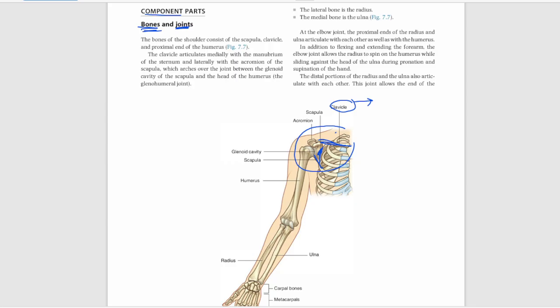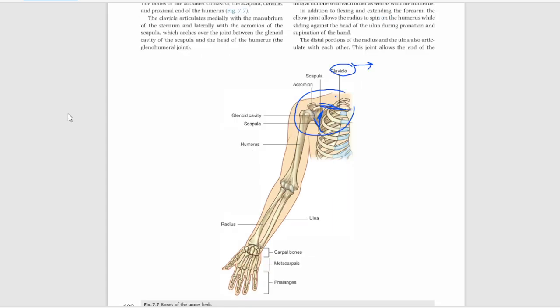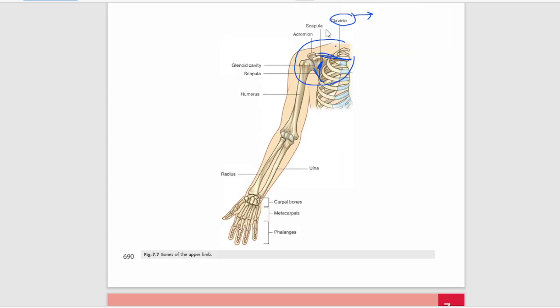Now just move back to the slide. In bones we have seen the clavicle, and the clavicle has different parts. I am again showing you how many parts the clavicle has.